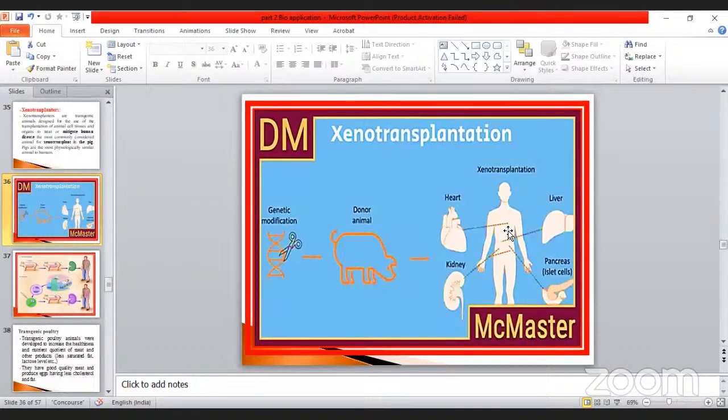That is very, very important, my dear students. That condition is called xenotransplantation. Human organs are similar to the pig's. Don't forget, my dear students. This is very, very important, and important questions also arise from this part.